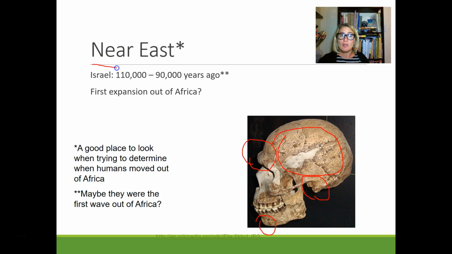Interestingly enough, in the Near East, in Israel, we have these sites where we see anatomically modern Homo sapiens, and in the same region or even in the same site, we might see, so pretend like this is Israel here, here's a site, fossils of modern Homo sapiens, and then a few thousand years later in that same region, fossils of Neanderthals.